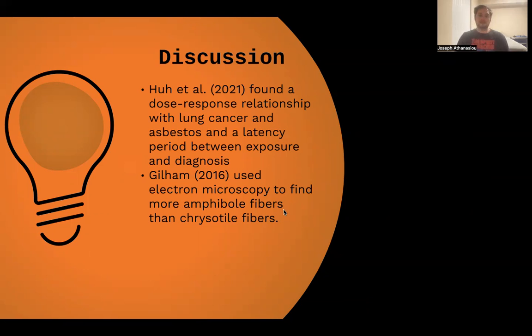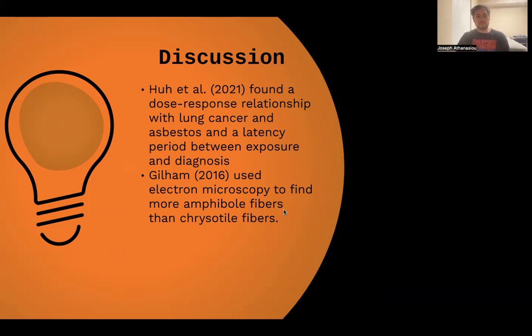Additionally, Gilham in 2016 used electron microscopy to find more amphibole fibers than chrysotile fibers. This is interesting because during the time of the workers that they measured, the vast majority of asbestos that was imported to the US and the UK, where they did this measurement, were chrysotile fiber type asbestos.